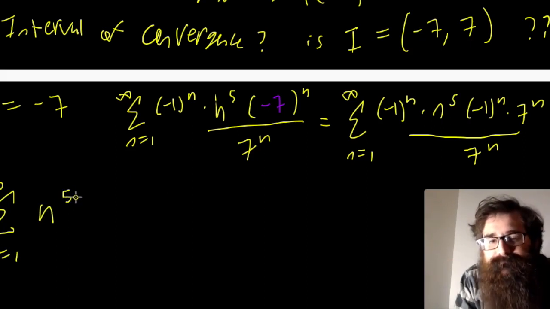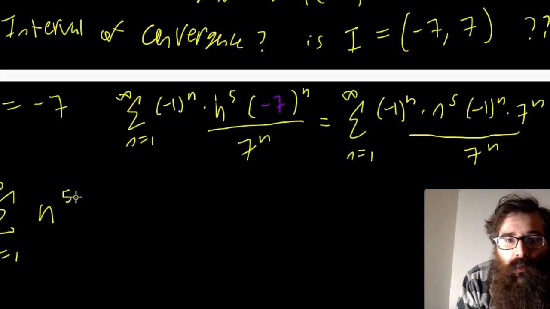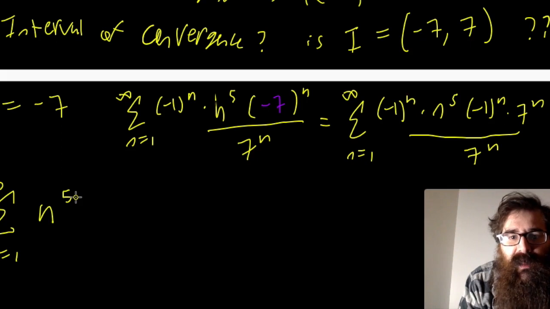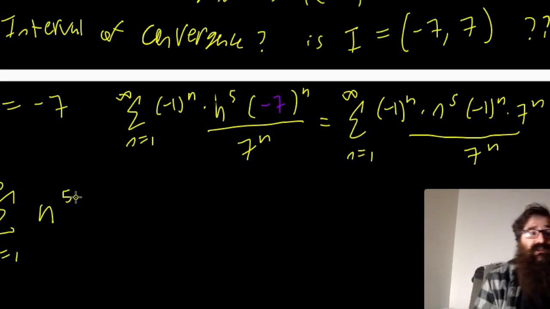Now, we've been talking about series for a bit now in our videos. Do you think that this is convergent or divergent? It's definitely divergent. And we can use the test for divergence to show this.